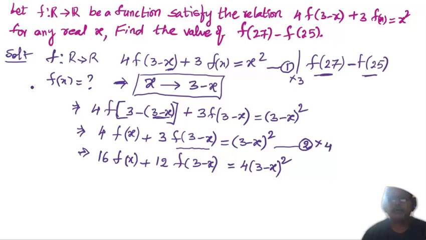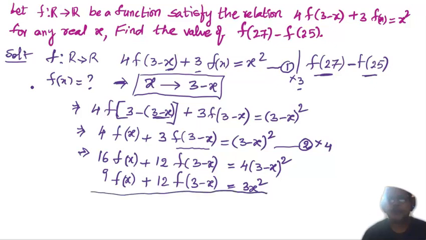Now the first equation, here I am writing 9 into f of x, 3 into 3 is 9, plus 12 into f of 3 minus x is equal to 3x square.